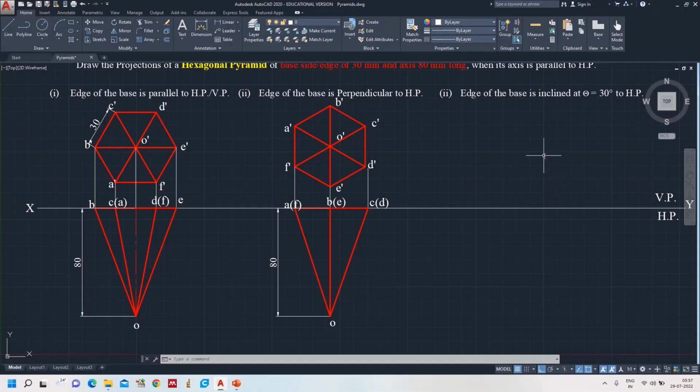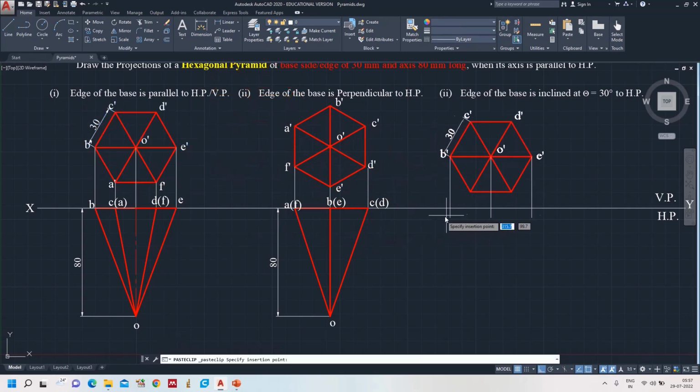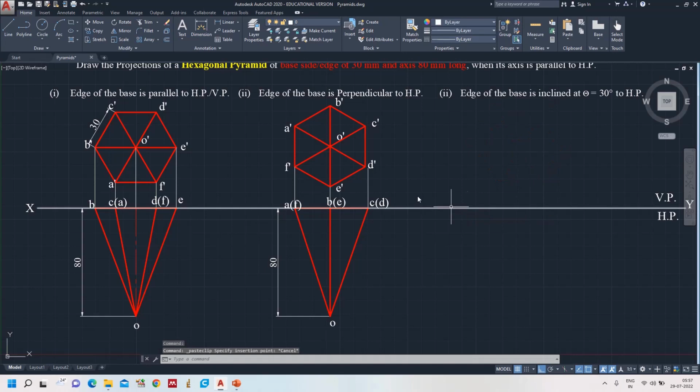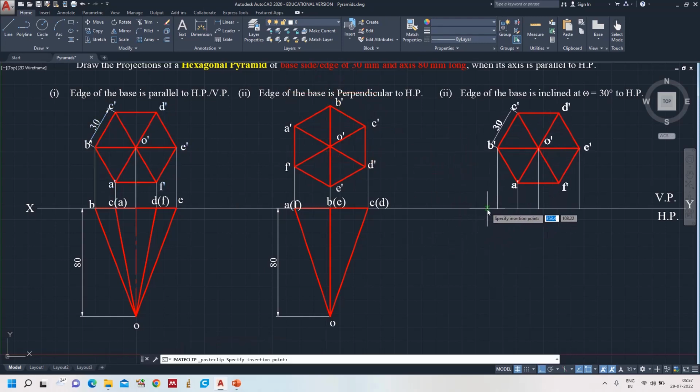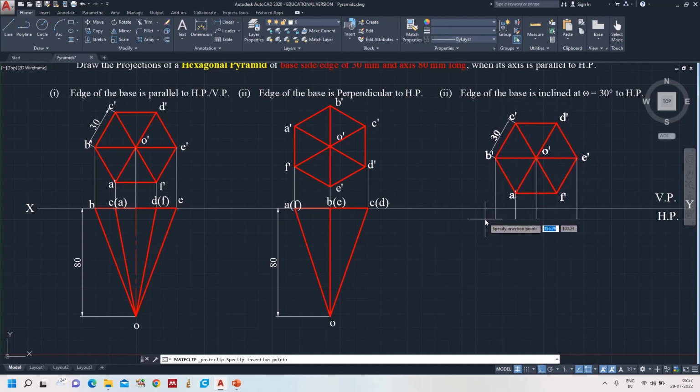Now you can see here, instead of drawing it again, I am just copying it, Ctrl C, Ctrl V. Along with the notations I will copy. Ctrl C, Ctrl V. Yeah, no need of this one.